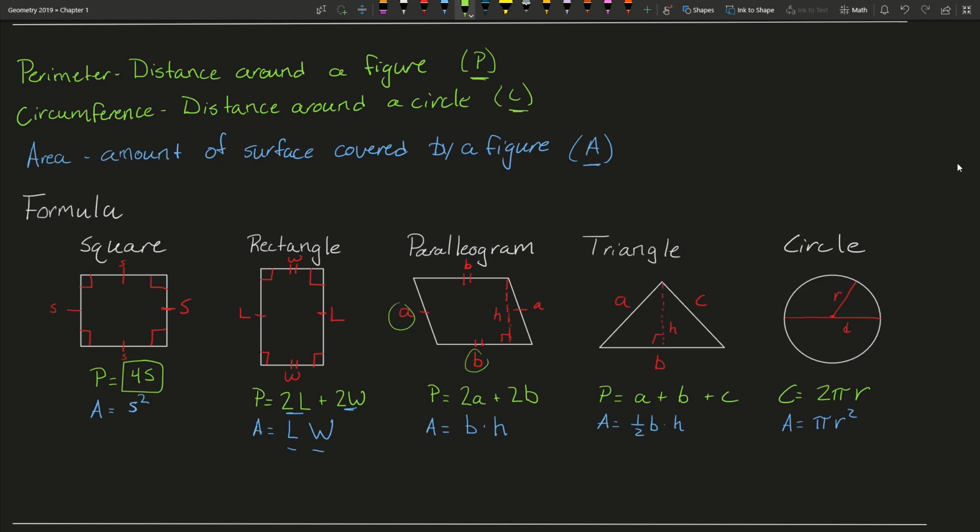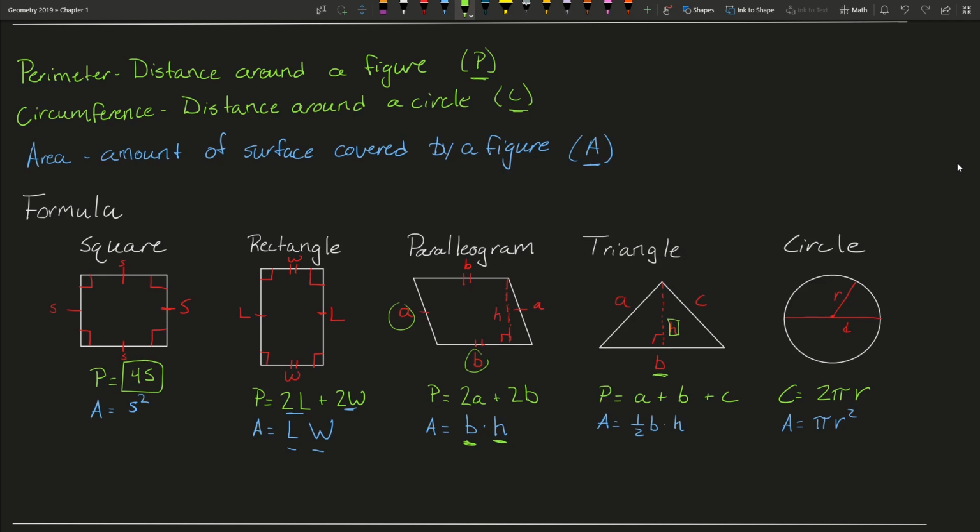The area of a parallelogram is the base, which is the B side, times the height of the parallelogram, which is H. The perimeter of a triangle is just the A side plus the B side plus the C side. The area of a triangle is 1/2 base times the height of the triangle H.